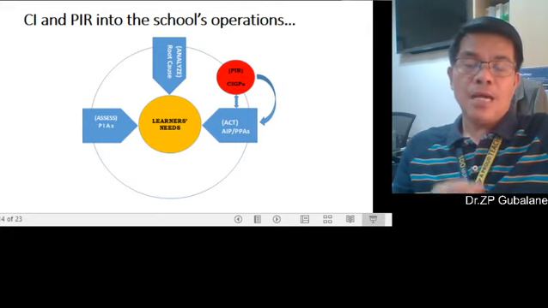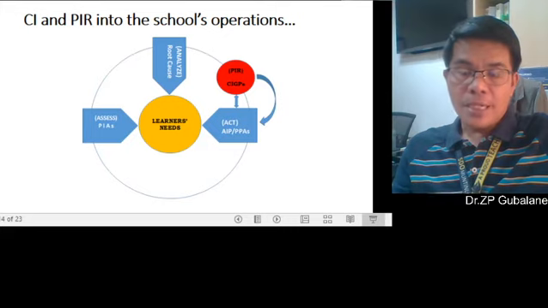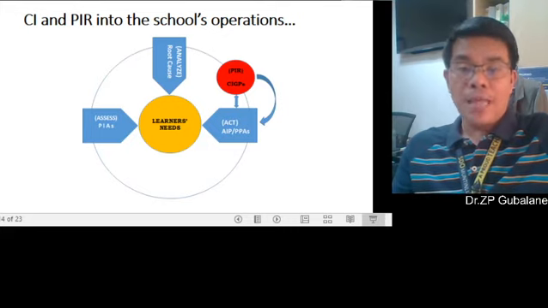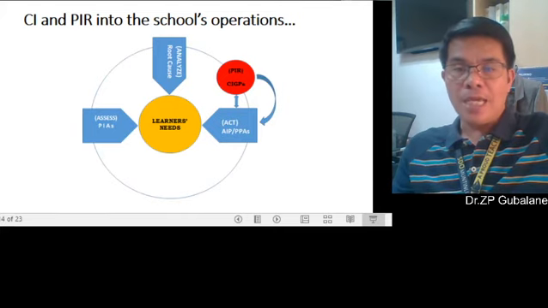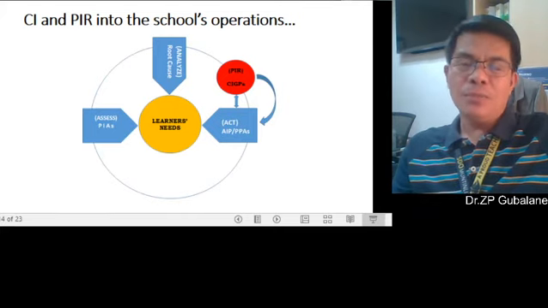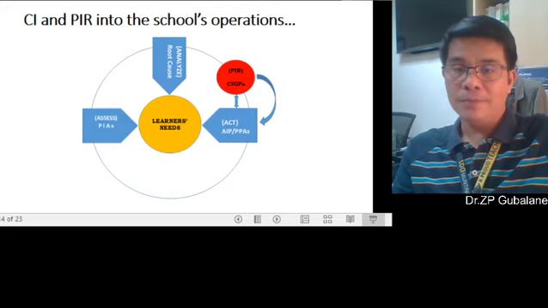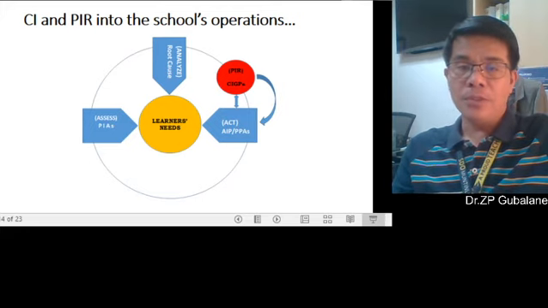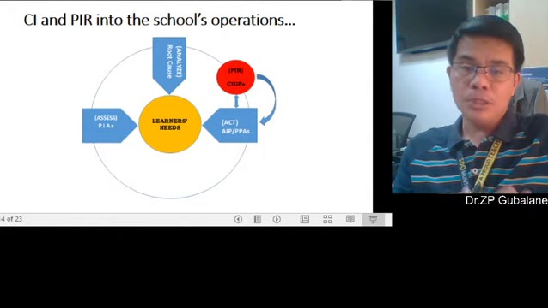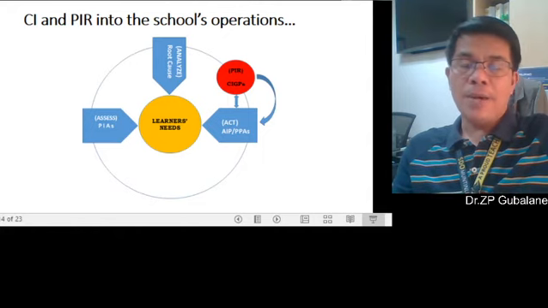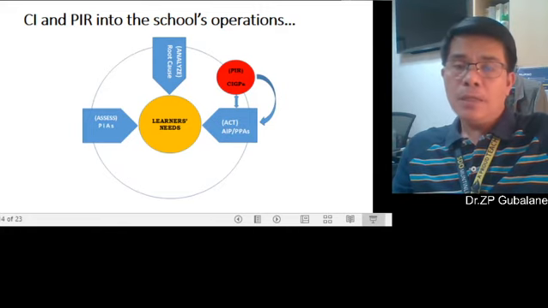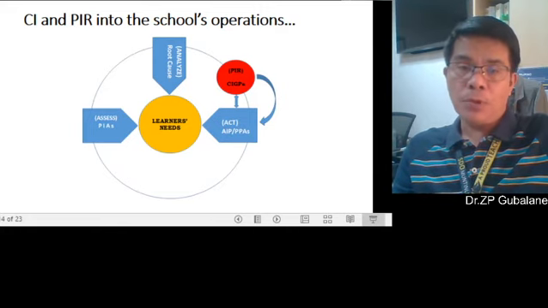Again, as to actual targets, as to actual accomplishments, or in other words, the status of your PPAs. Okay, so what is the beauty about doing PIR at this very moment? What is the beauty of that?